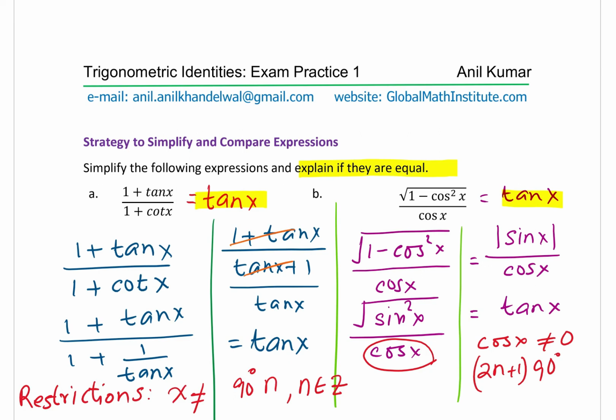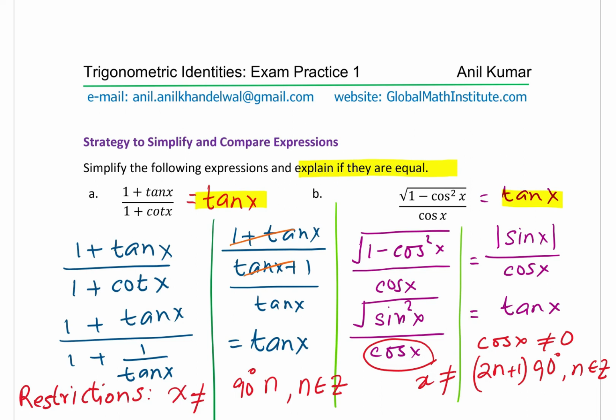So in this case, the value of x is not equal to odd multiples of 90 degrees. You get the idea. That is the difference, and therefore the two expressions are not equal.